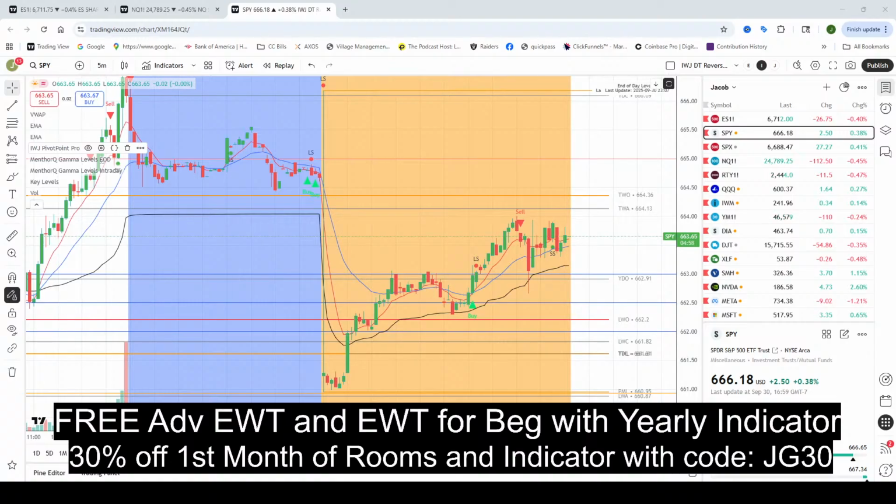Options prices are usually around $1, somewhere between 95 cents and $1.30, depending on the day and the volatility and different things going on. But the average is, I would say, about $1, $1.10. So if you just assume $1, then you can trade 50 contracts for $5,000 on a 100K account, and you're risking about 5% of your capital.